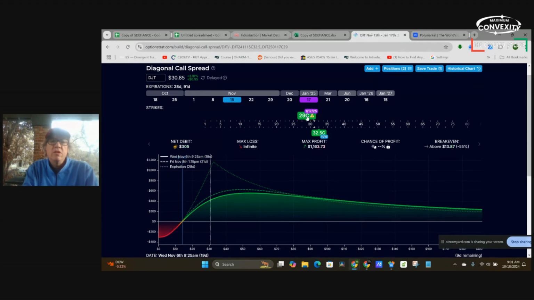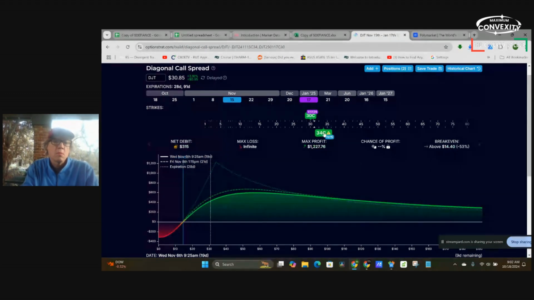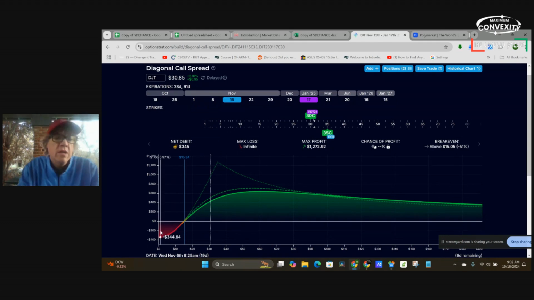Maybe let's do this. Let's get this leg out a little bit and make this spread more bullish. Okay, now this trade costs $340, but it makes $430.